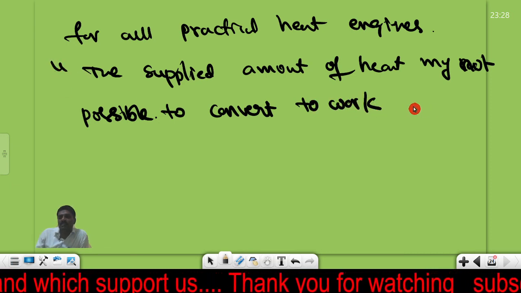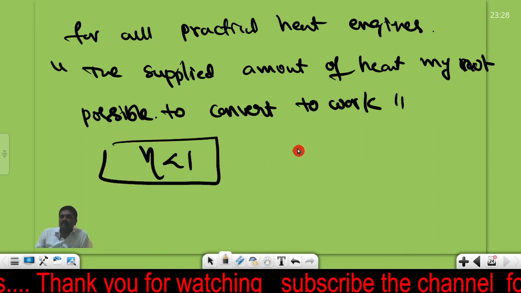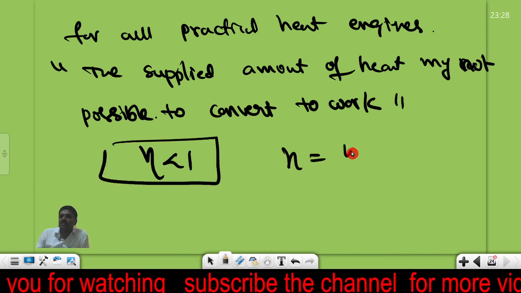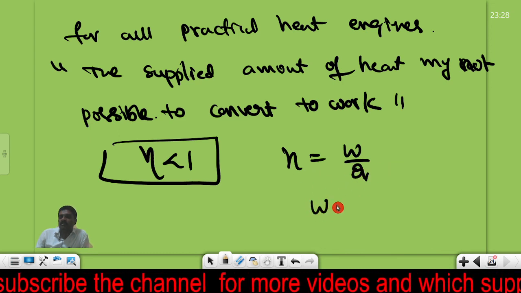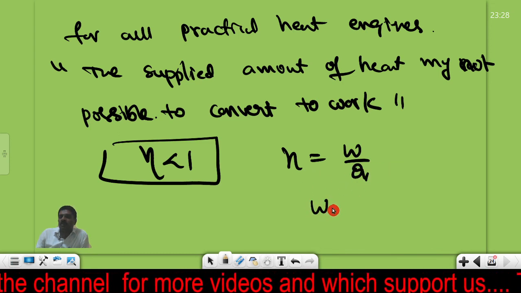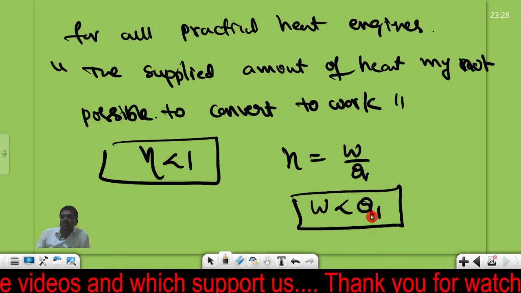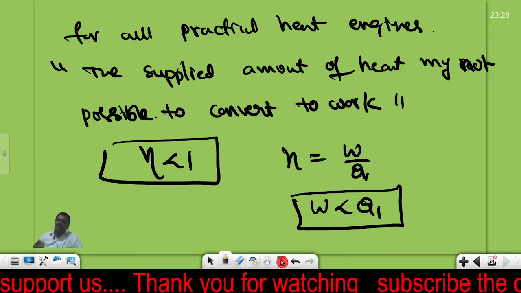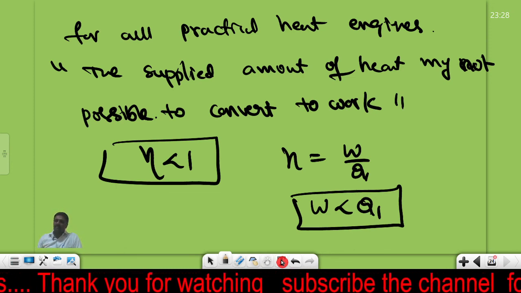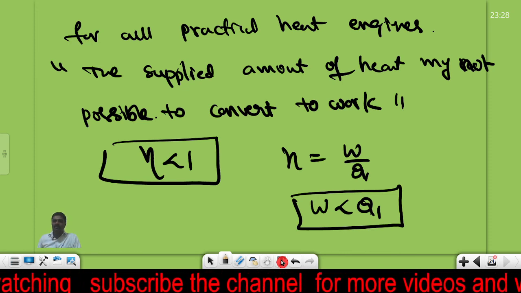Very important. Because eta is always lesser than 1, and eta is equal to W by Q1, W is always lesser than Q1. So the supplied amount of heat is large as compared to the work which is drawn from the heat engine. This is a very important question.